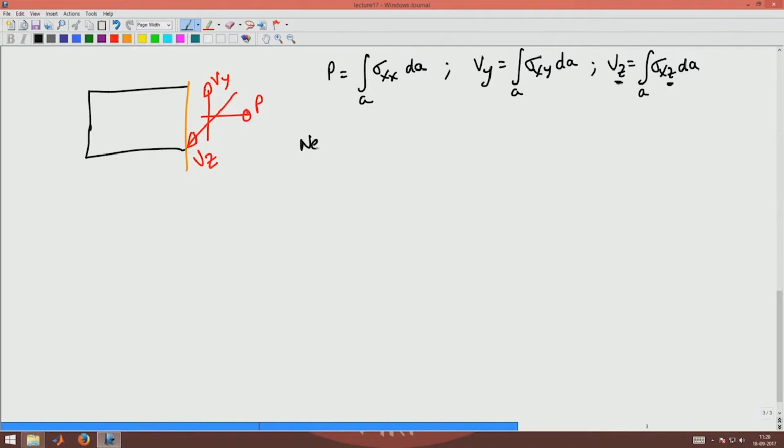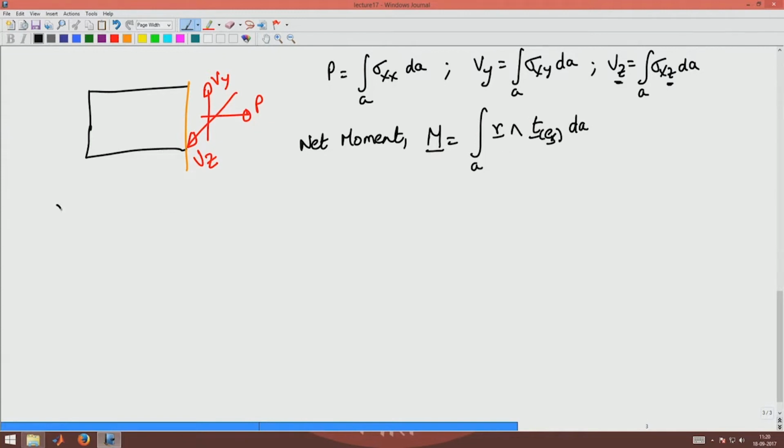Net moment m is given by integral r cross f, f is T's of Ex dA. This, if you recollect, is a cross product. Okay. So now what is R?